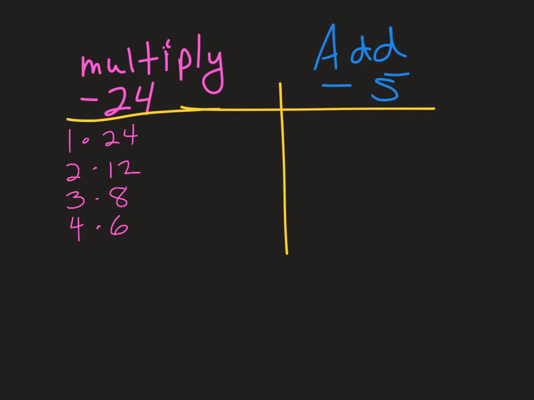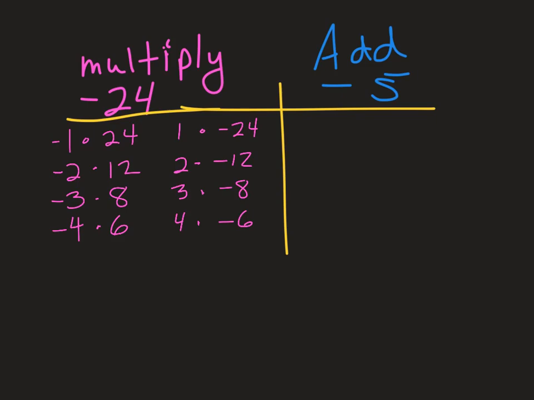Now, obviously, if you multiply these two positives together, it is not going to give you a negative. So the only ways they could do it is either if the first number were negative, okay, so that's a possibility, or the second number would have to be negative. So it would be 1 times negative 24, 2 times negative 12, 3 times negative 8, and then 4 times negative 6.